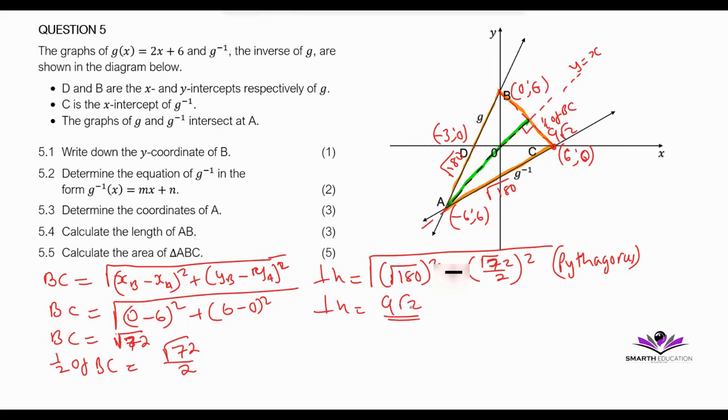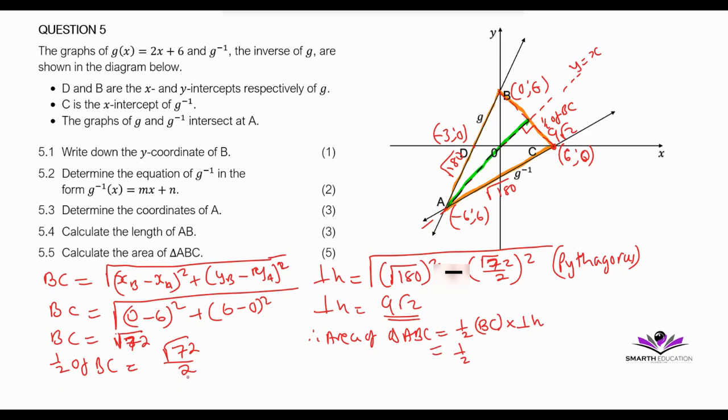We can use our formula for finding the area of a triangle. Therefore, area of triangle ABC is equal to half times BC. BC is the base, then times the perpendicular height. So it's going to be half times BC.